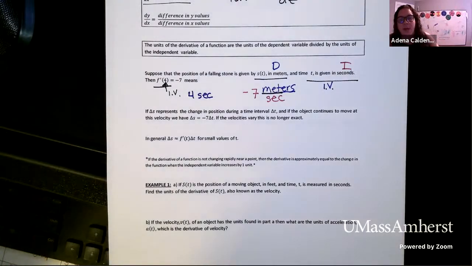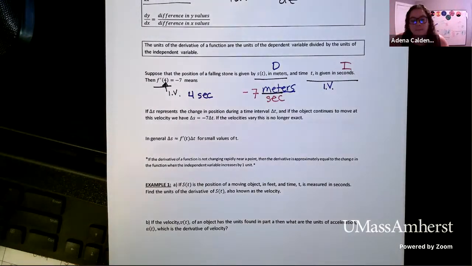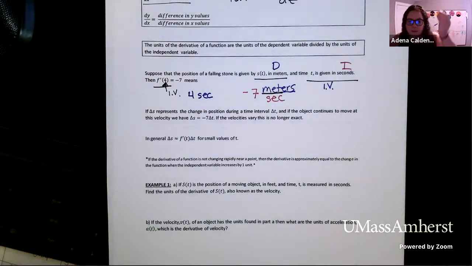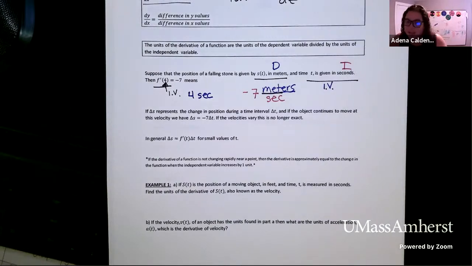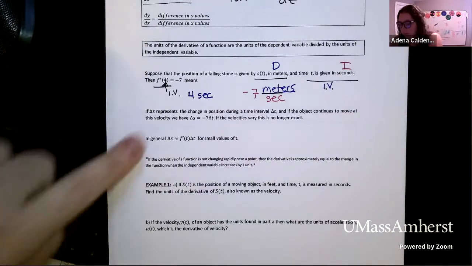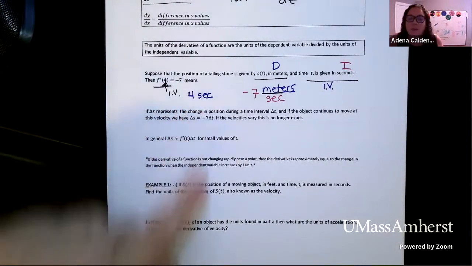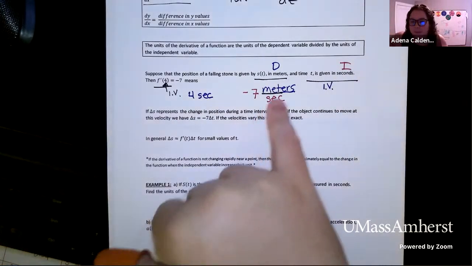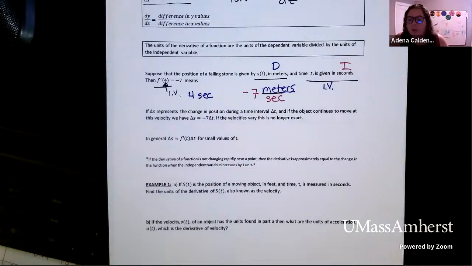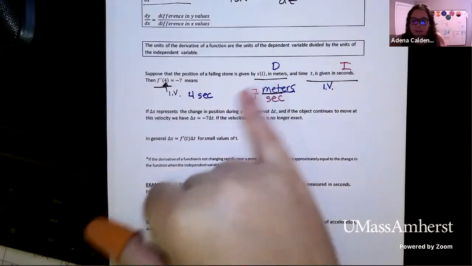So let's put this in the context of this problem. We're talking about a stone that is falling. So what this means is that after 4 seconds, so at time equals 4, the stone is falling at a rate of -7 meters per second. So that is the speed or the velocity at which it is falling, and that is the derivative.